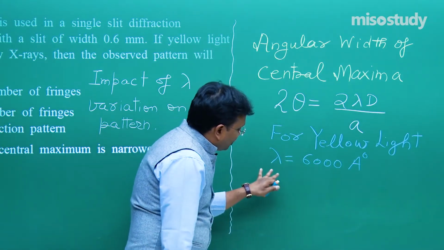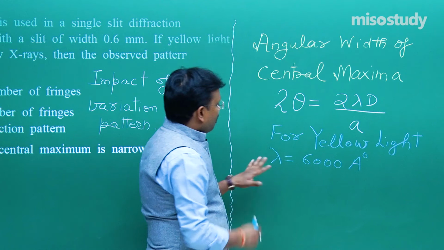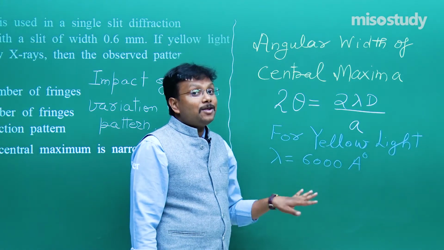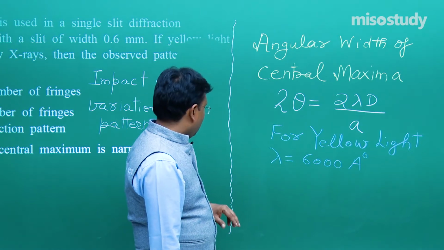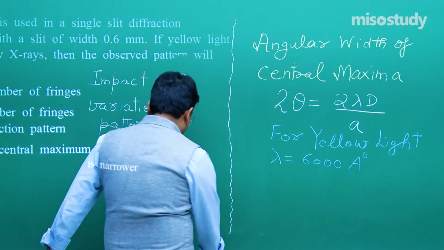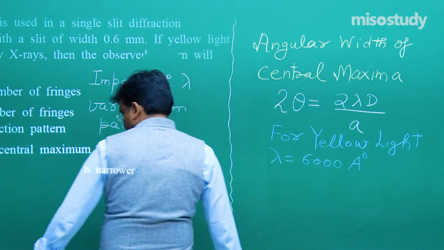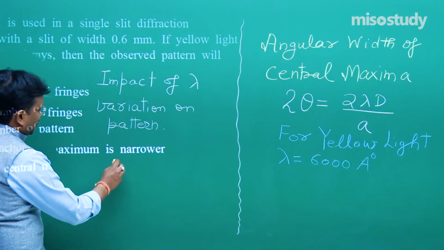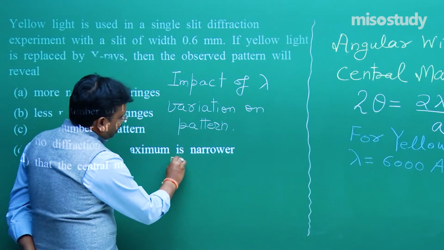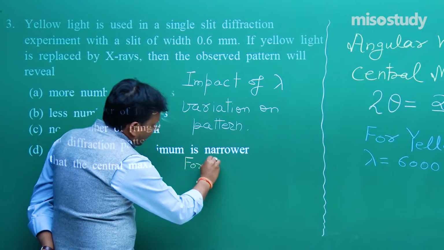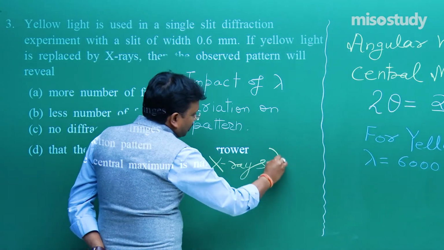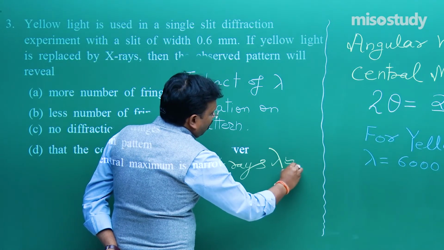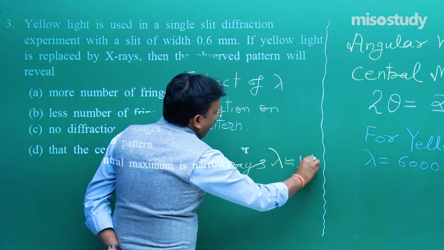So for X-rays, lambda is of the order of 1 angstrom. So I think I should mention that line. That is important. Yes. So let's mention it over here. For X-rays, lambda is the order of 1 angstrom.